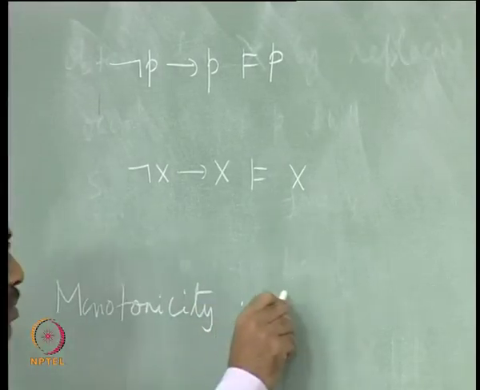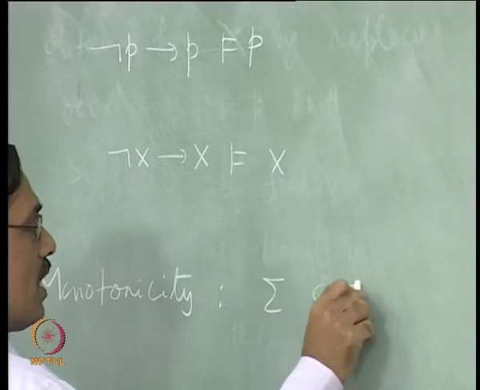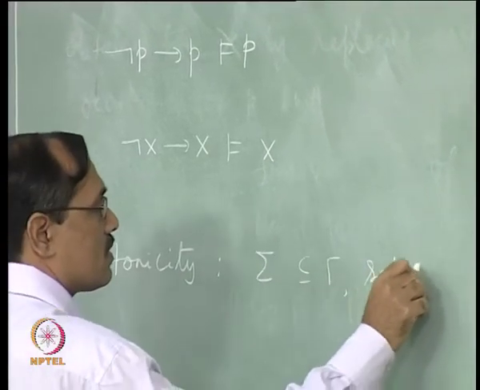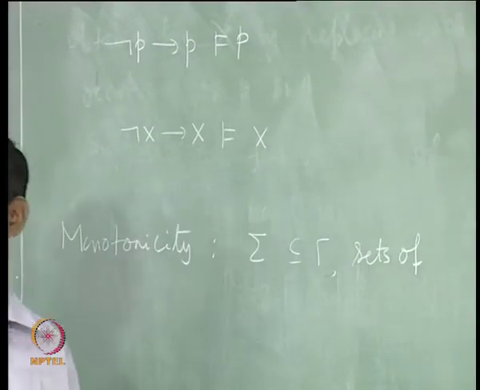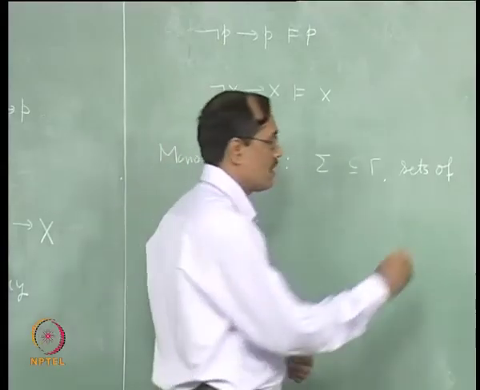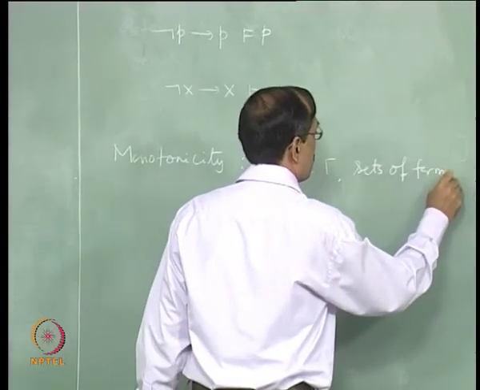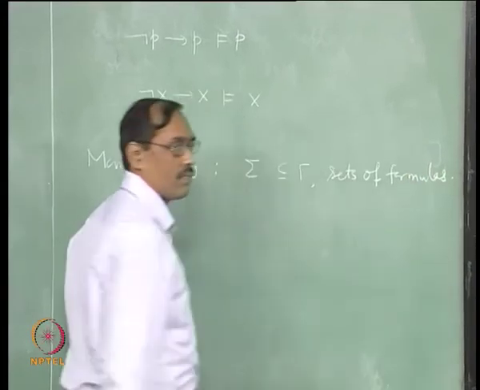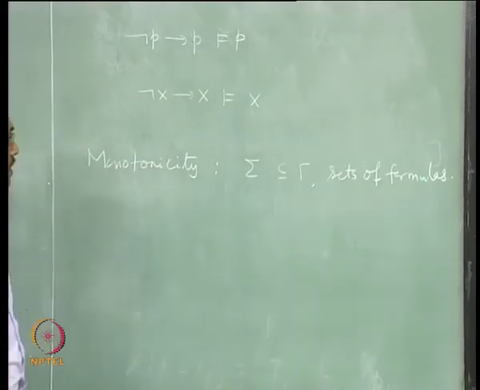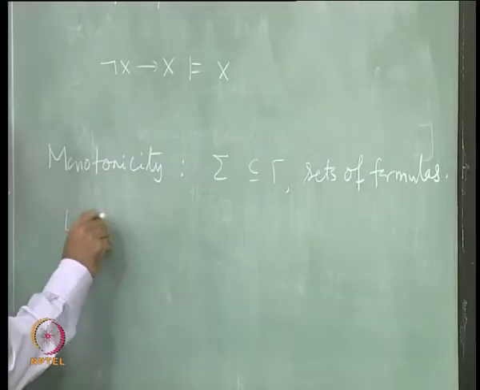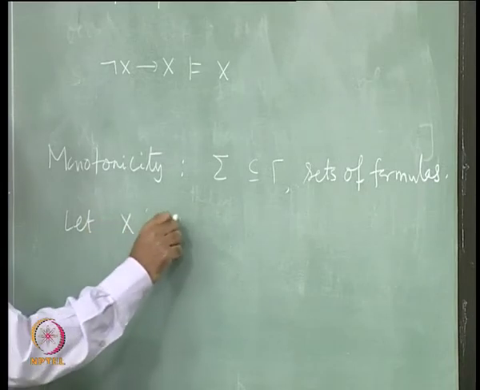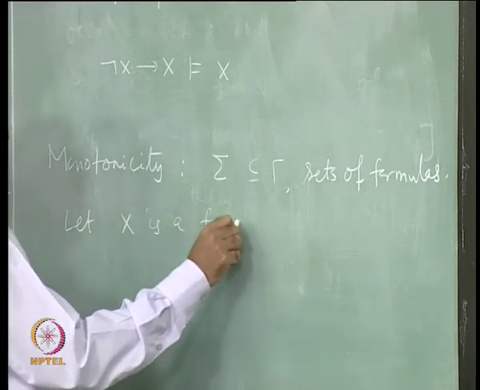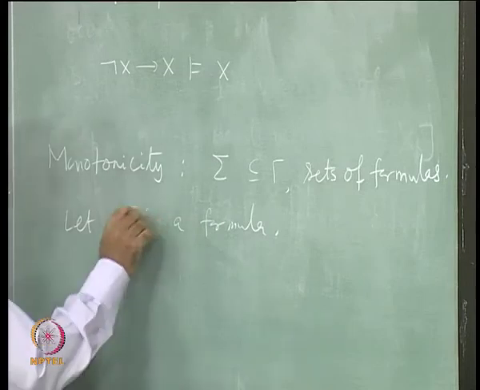So, it says suppose sigma is a subset of gamma, sets of propositions. Now, you will write sets of formulas, right, FL formulas, and then let us take another, say X be a formula.